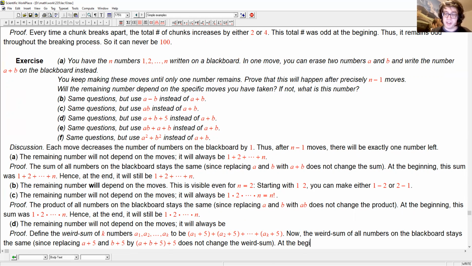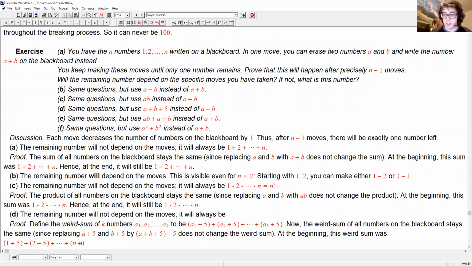And now it's just a matter of computing what it was. So at the beginning, this weird sum was 1 plus 5 plus 2 plus 5 plus and so on plus n plus 5. This is 1 plus 2 plus and so on plus n plus 5n. Hence, at the end, it will still be this here.